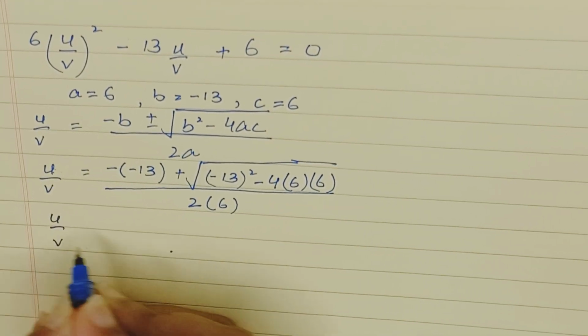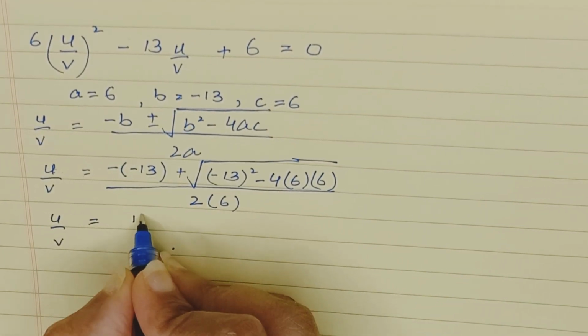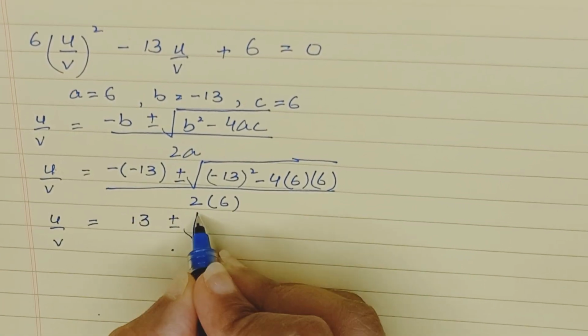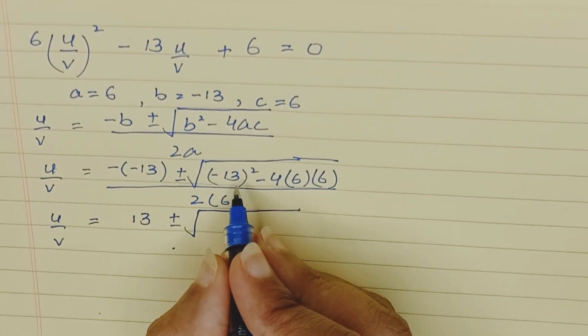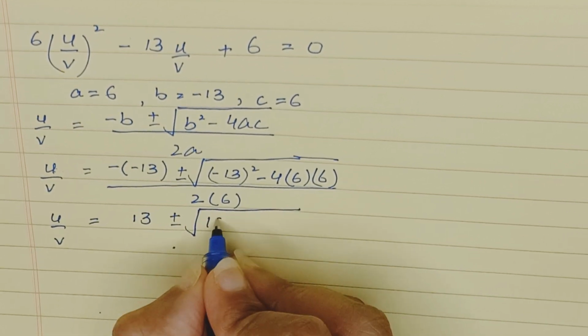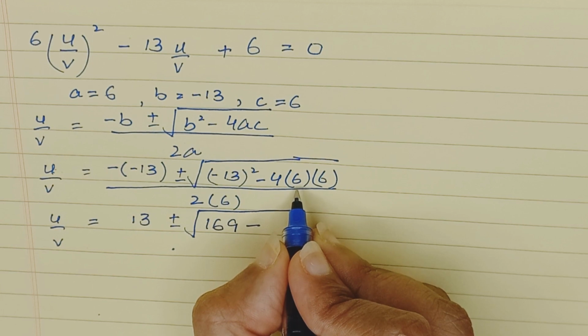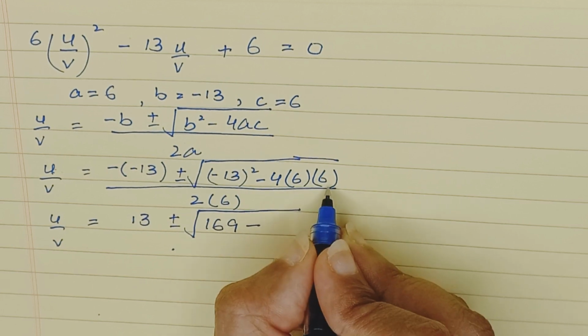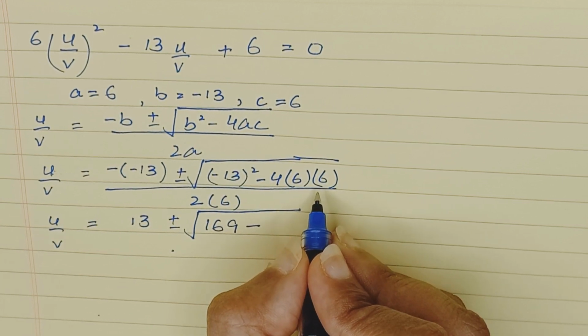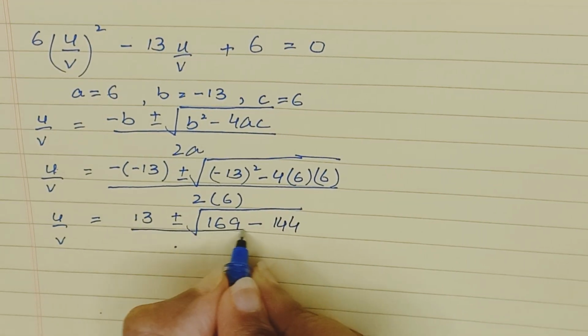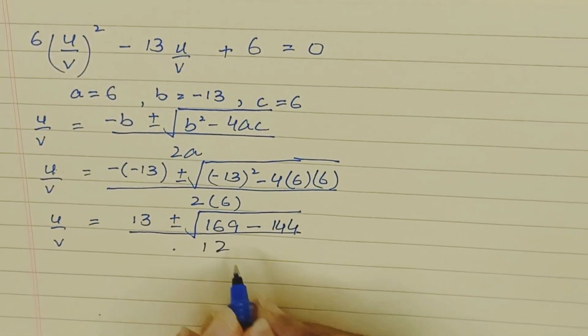u divided by v is equal to plus 13 plus minus square root of 13 square, which is 169, minus 4 into 6 is 24, 24 into 6 is 144, divided by 2 times 6, which is 12.